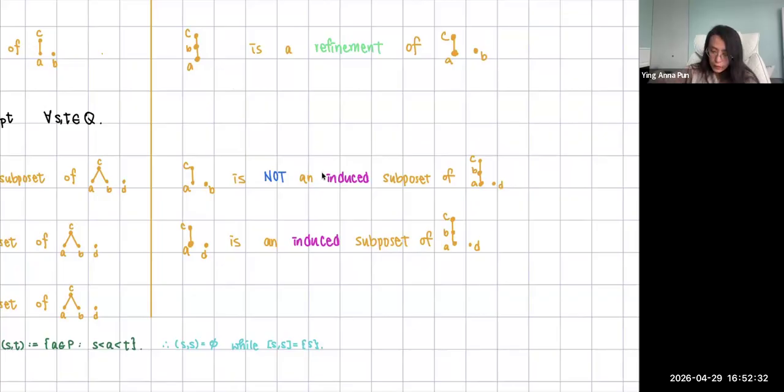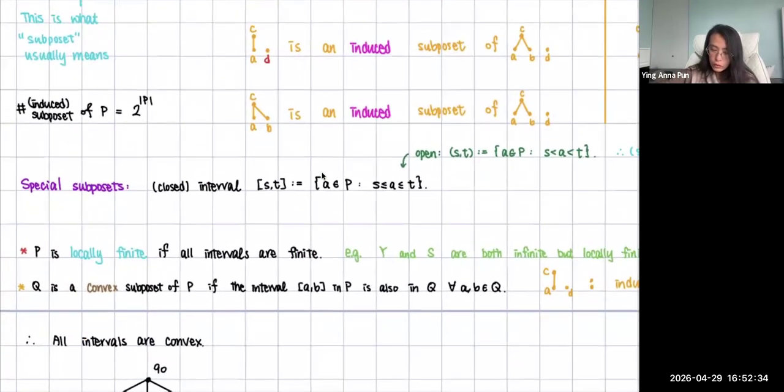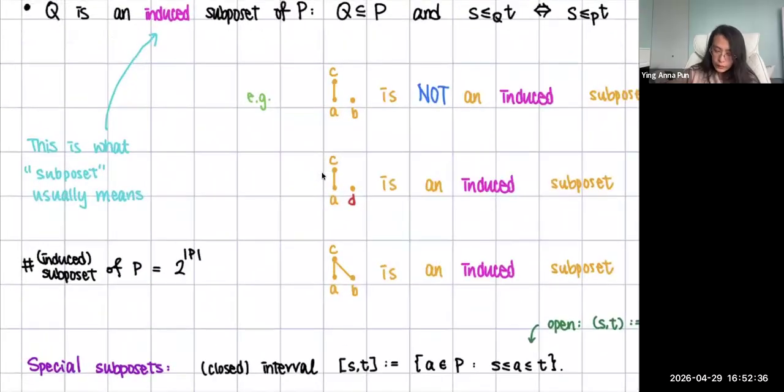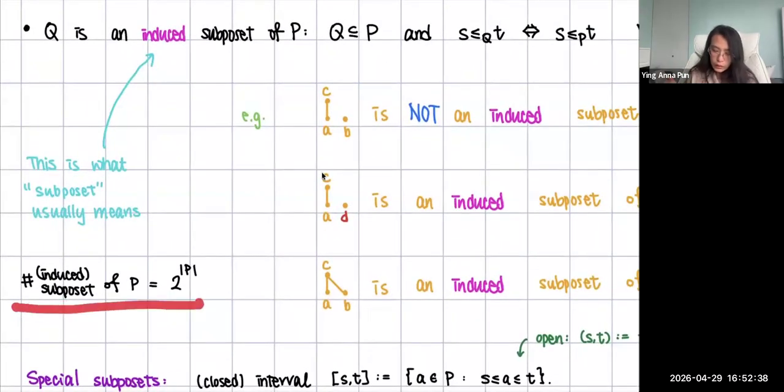Okay. And the last thing that we talked about last time: if you have a poset P and it is finite, then how many induced subposets can I make? The answer is 2 to the power of the number of vertices, because you just pick out your vertices, then you can easily know how to draw your edges.